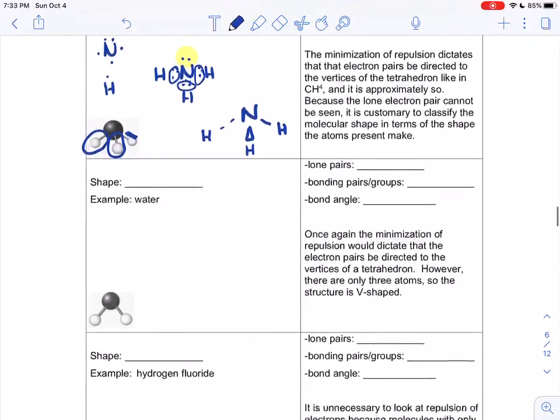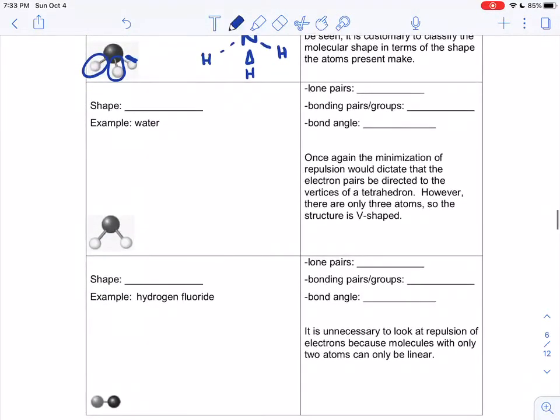All right, our next one. So our next one is water. The formula for water is H2O. So here's my oxygen, and here's my hydrogen. Oxygen is going to be my central atom. And then I'm going to add the hydrogen.